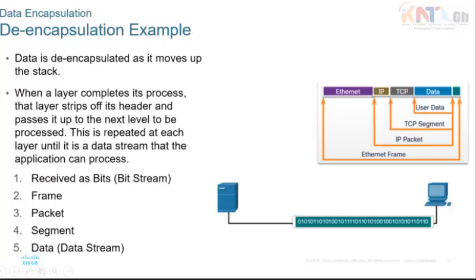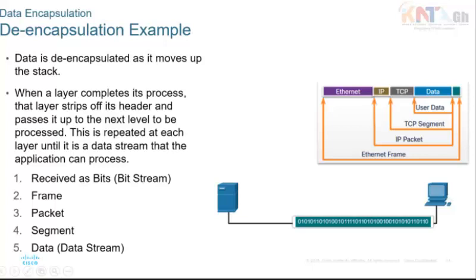So you receive, the first one is bits which are received, and then it moves on, it's encapsulated into frames, and then it is encapsulated into packets at the next level because other information is added for the next level transmission. And then it goes to the transport layer, layer 4, which is the segment layer. And at layer 5, it is encapsulated as a data stream.